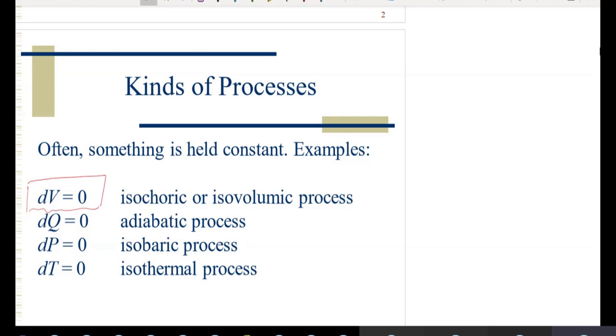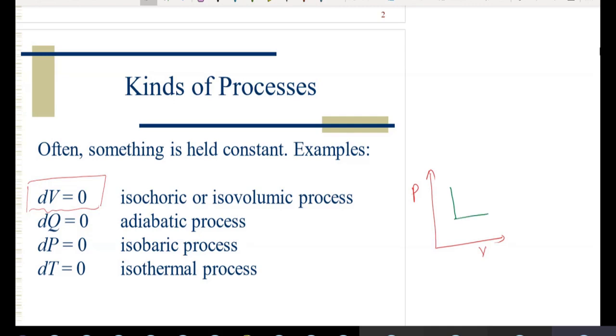So we will encounter, for example, in the last lecture we encountered a process like this. The P-V diagram had some work like this.